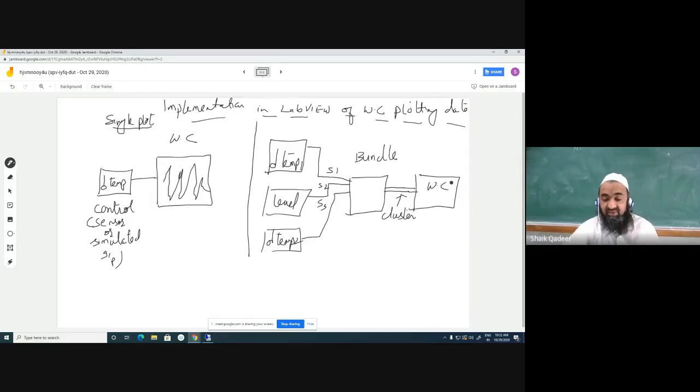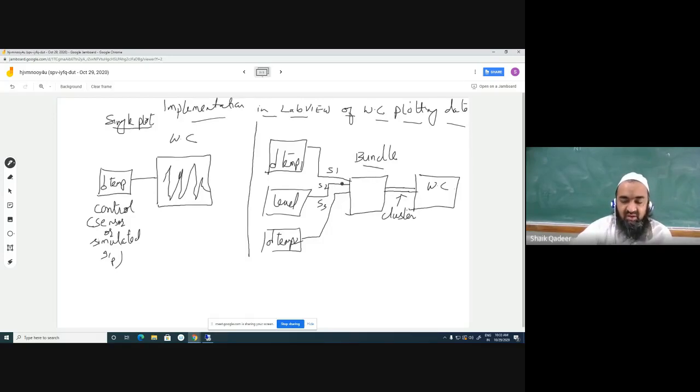I will explain once more, if it is not clear. Suppose we have multiple inputs whose monitoring we want to do on single waveform chart. In that case, we need to use this additional component called bundle.